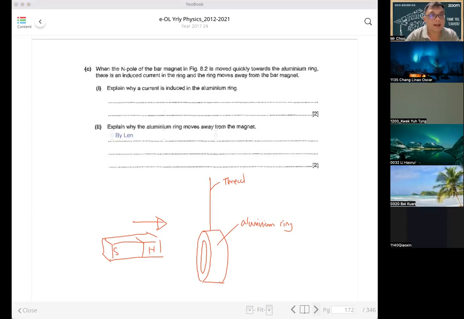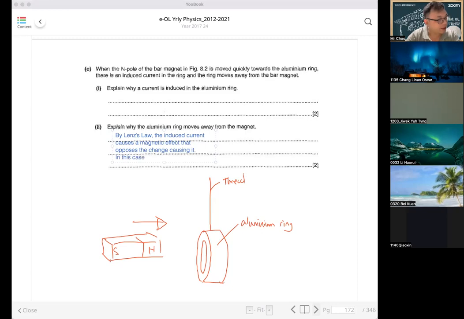Okay, so by Lenz's law, the induced current causes a magnetic effect that opposes the change causing it.